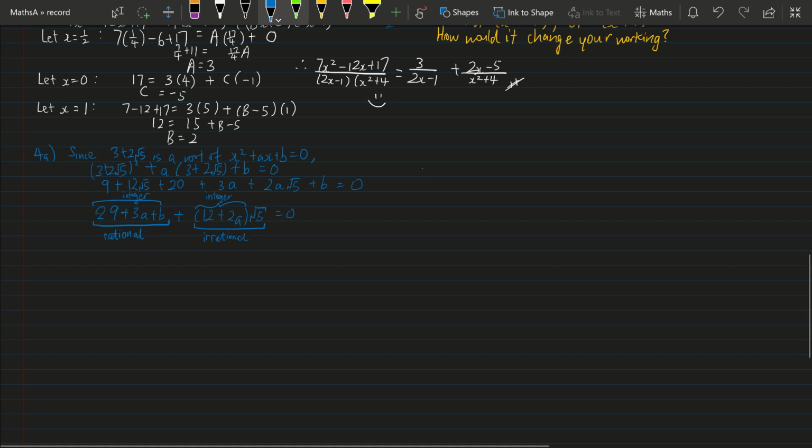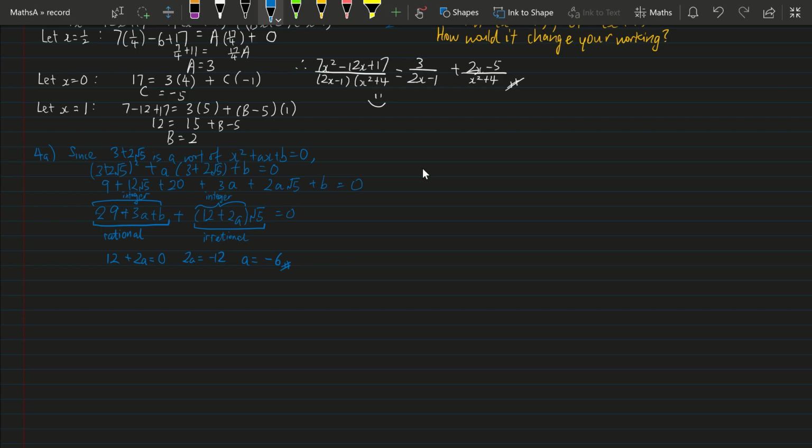That's a very key thing that everyone needs to understand here. So I'm going to write down 12 plus 2a equals 0. Because the coefficient of square root of 5 must be 0, since we know square root of 5 is obviously not 0. So we must have something 0 multiplied by square root of 5 to give us 0. So 2a is negative 12, a is equal to 6. Sorry, negative 6. So that's one of your answers.